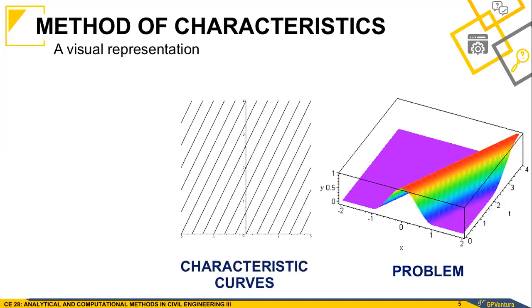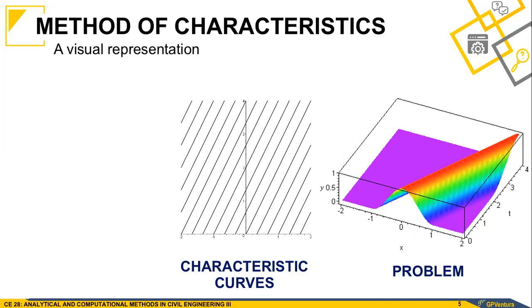So what are characteristic curves? Your characteristic curves are described by characteristic equations, which are illustrated by curves or lines that you see from the top view. So if you look at the top view over here, or the xt plane, you will be able to see lines wherein the value of y is constant.